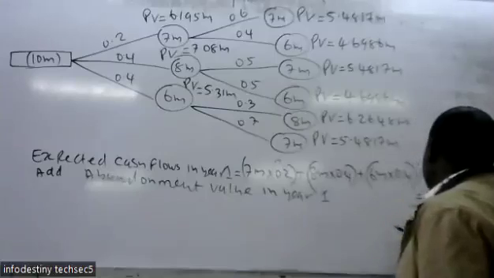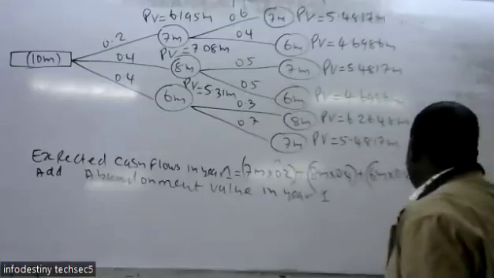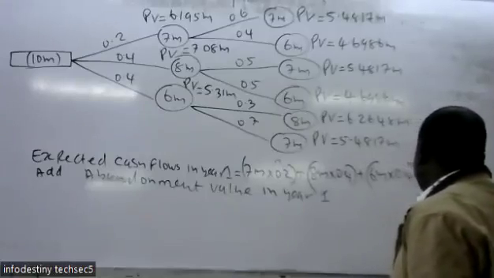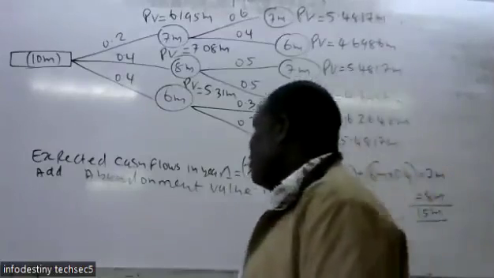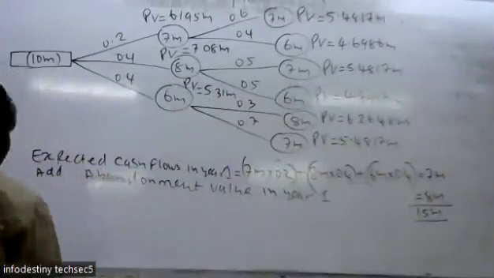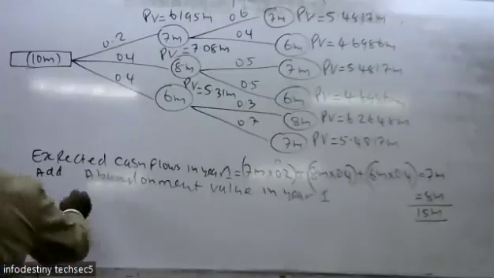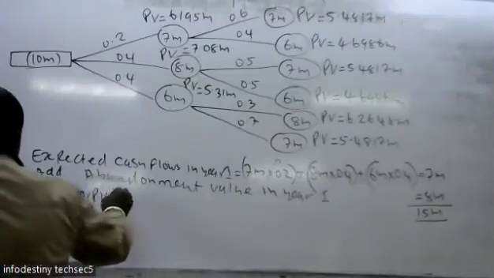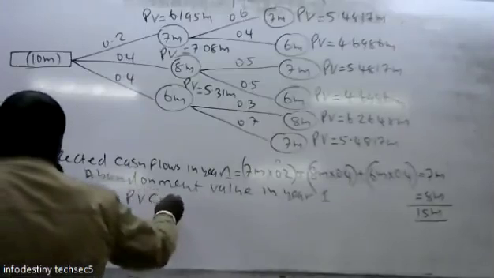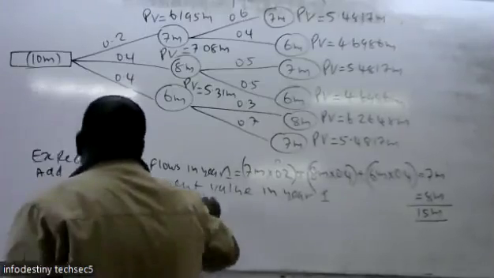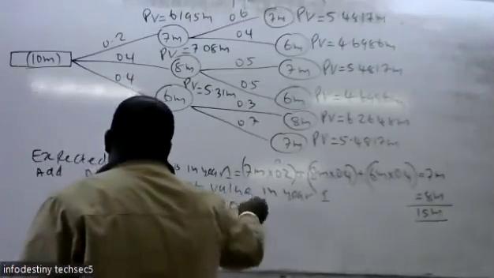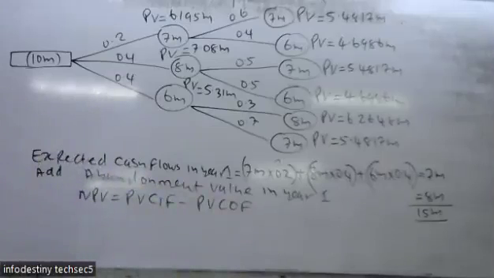When you add them together, they should give us a total of 15. So we are computing the NPV. NPV is given by the present value of the cash inflows minus the present value of the cash outflows.